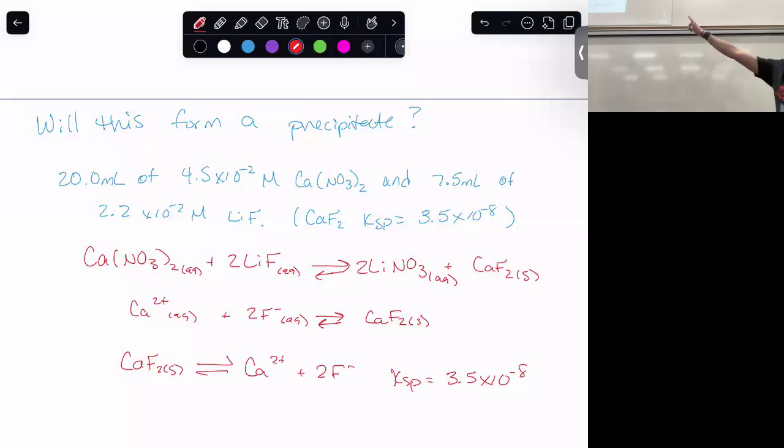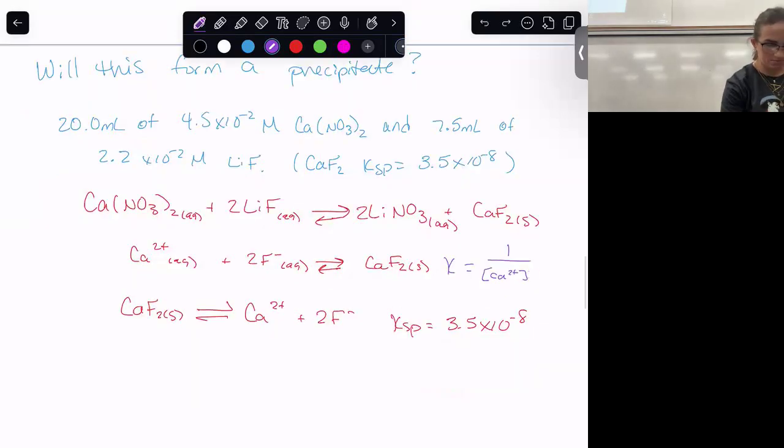If we write it this way, our solid no longer gets into our equilibrium constant, and so we don't have a numerator, we just have a 1. What does K look like if we were to write the equation above it? K this time is 1 over calcium 2 plus times F minus squared.